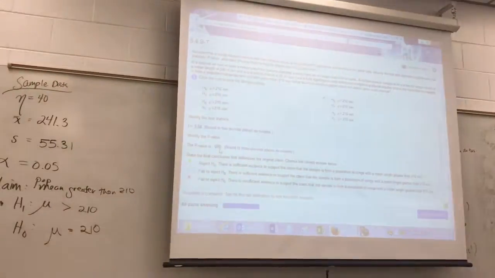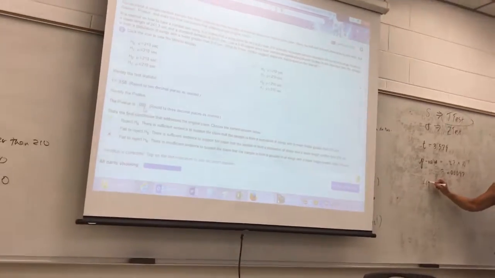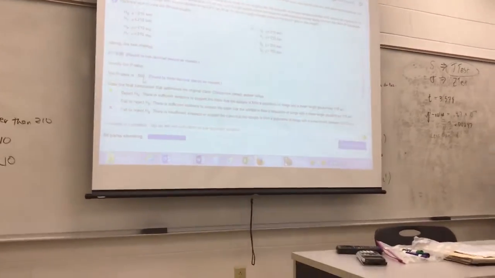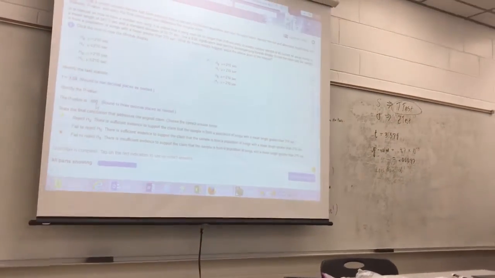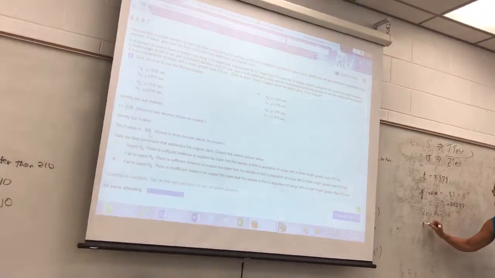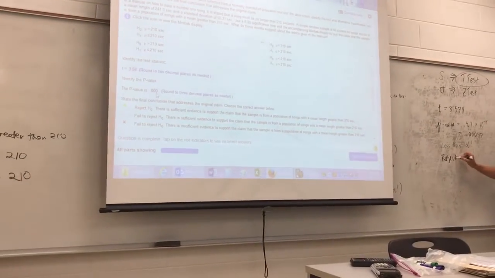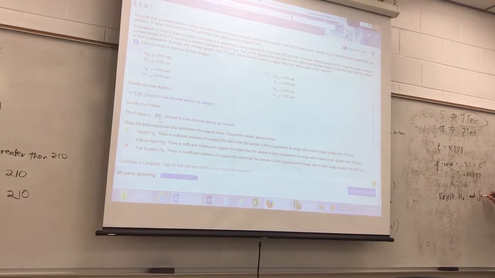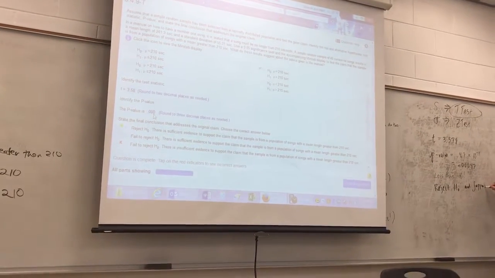So that's definitely less than alpha. They said alpha was 0.05, but even if it were 0.01, this would be a really small extreme p-value, so that means we reject the null hypothesis and support the alternate hypothesis.